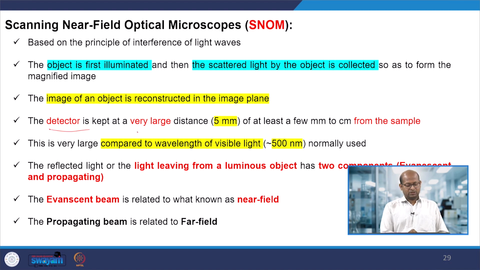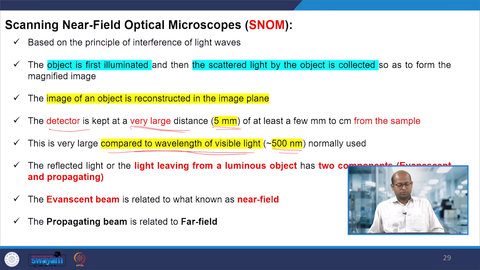Here the detector is kept at a very small, molecular or atomic level distance, but compared to the wavelength of the visible light that would be used, that is 500 nanometers, the distance is very large, that is 5 mm. So the sample to detector distance is very small as compared to this very large distance, that is 5 mm.